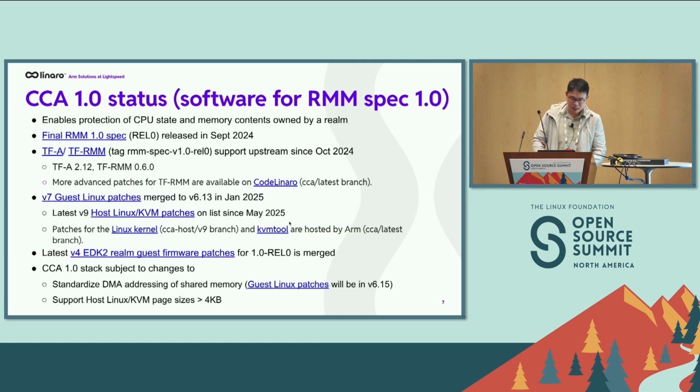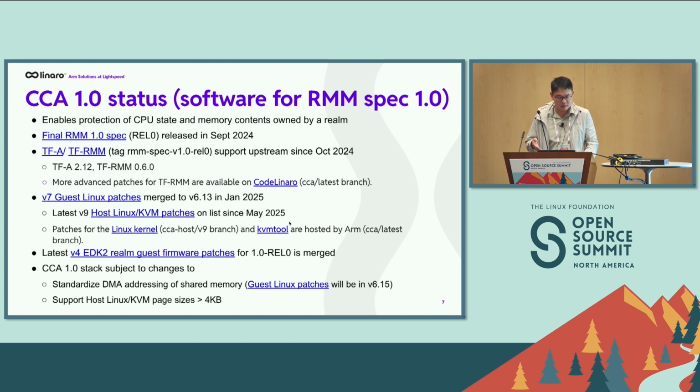Regarding CCA 1.0, the CCA history started in 2021. After that, a bunch of software development has been introduced, from firmware to kernel to hypervisor. What we have today is open-source software.